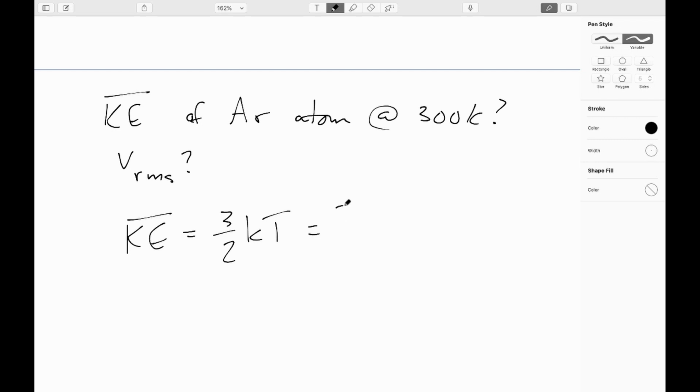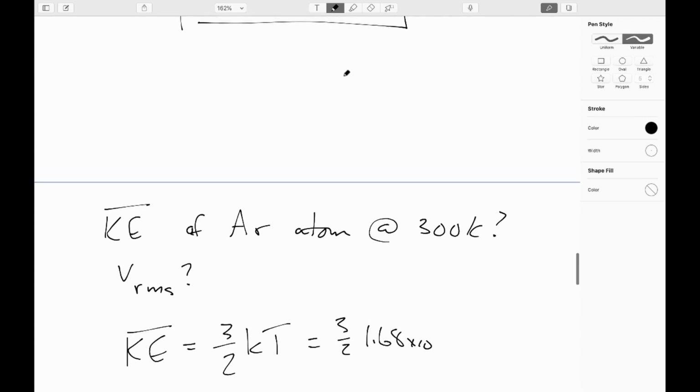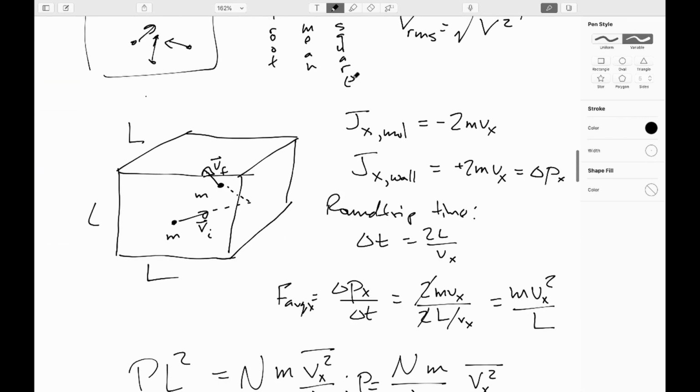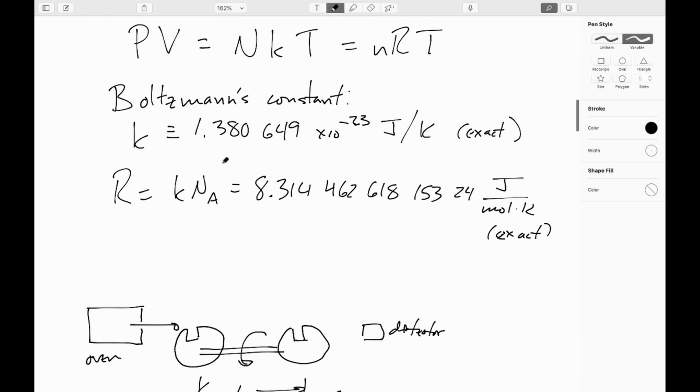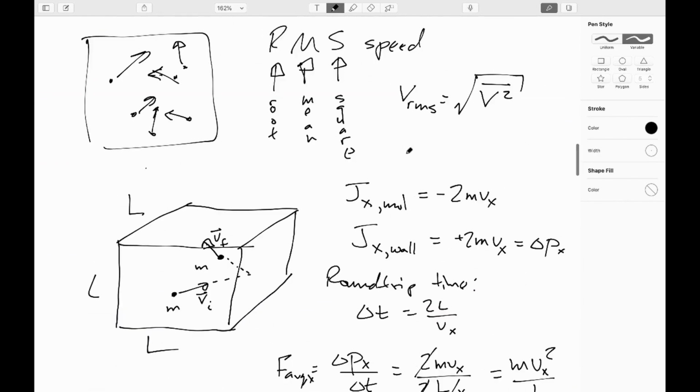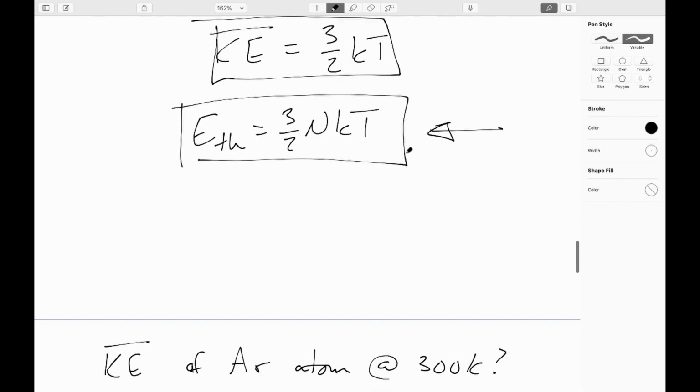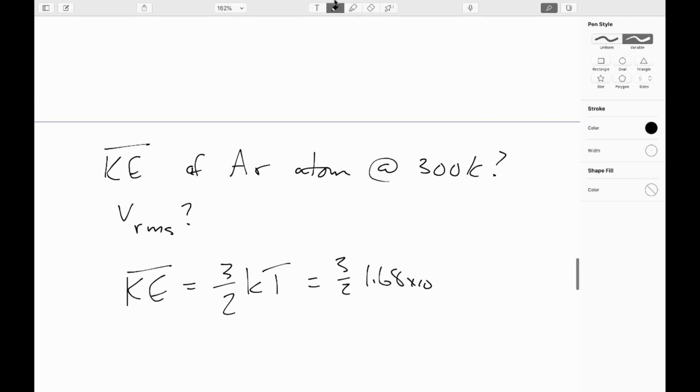The average kinetic energy of any particle will be 3/2 kT. So we can just plug in 3/2 times 1.38 times 10 to the negative 23rd joules per Kelvin times 300 Kelvin.